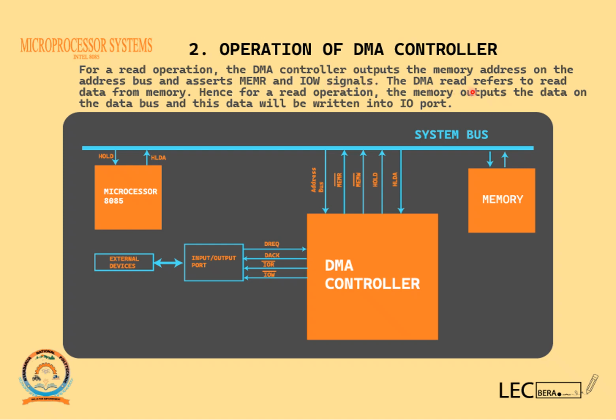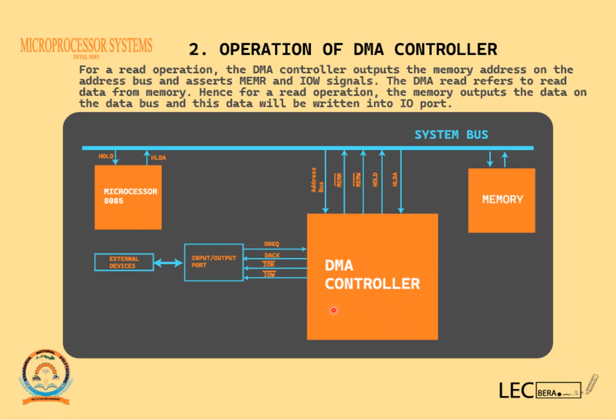The DMA read refers to reading data from memory. Hence, for a read operation, the memory outputs the data on the data bus, and this data will be written into the input-output port.